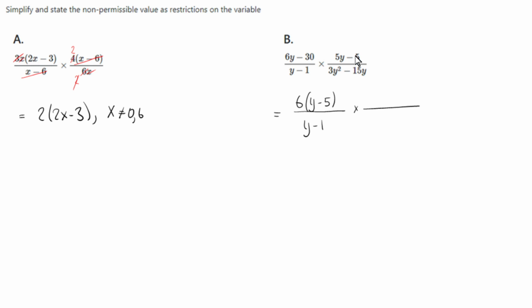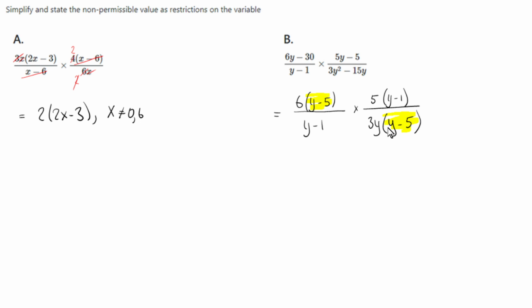In this numerator, we can factor out a 5, which leaves us with y minus 1. And in this denominator here, the greatest common factor is going to be 3y, which leaves us with y minus 5. And now we can see that this binomial here can cancel against this binomial here.